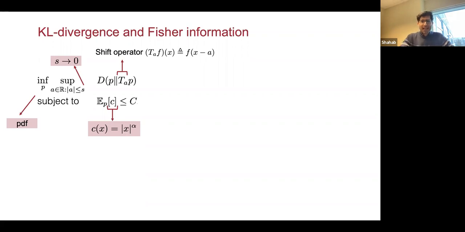And another reason is exactly about the question that Gautam asked. So we wanted to study this optimization problem when C is large enough. What we can do is basically replace this C here with 1, and replace this S by S over C. So large C is kind of the same as a small sensitivity.